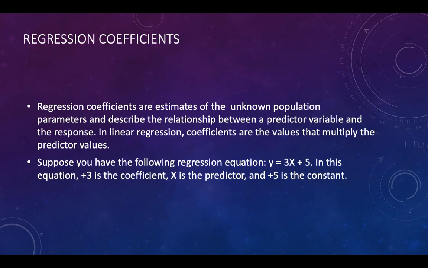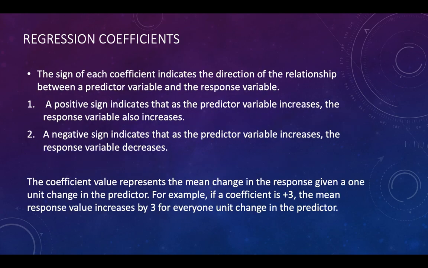In it, the y value depends upon x, and x is called a predictor. 3, or plus 3, is called the coefficient of regression or regression coefficient, and 5 is called the constant.